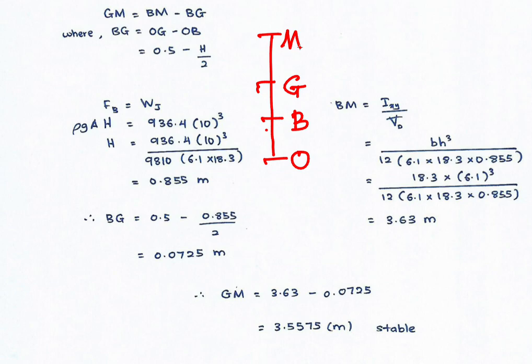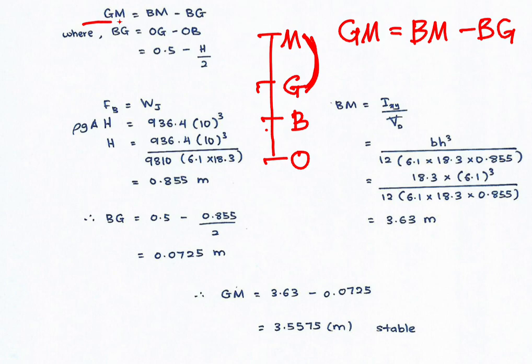You need to draw this to ease the calculation, so please draw this axis on your paper and write O, B, G, M. Then we could calculate the distance of G to M. GM is equal to BM minus BG. Please remember this equation.